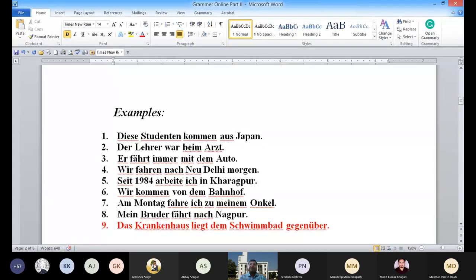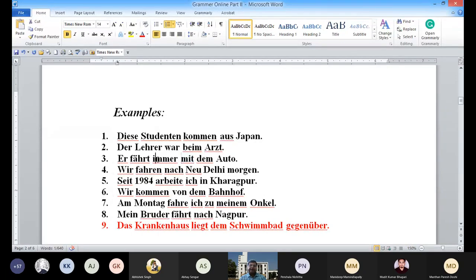It means whenever we are going to meet somebody to spend some time, like with the doctor, with the hairdresser, then we are using this particular preposition bei. But when we are using something as a means of transport, or as a means to write something, to work with something, then you are using mit.